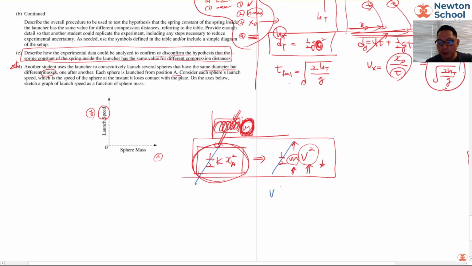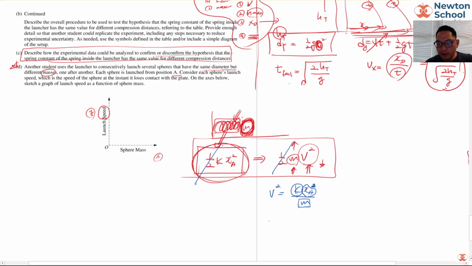So basically v squared equals k x_A squared over m. But in here, k is constant, x_A is constant too, because that's the distance of the compression at position A. The only thing that changes is m.